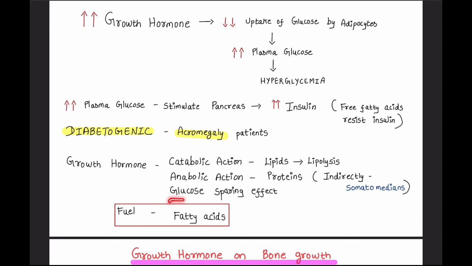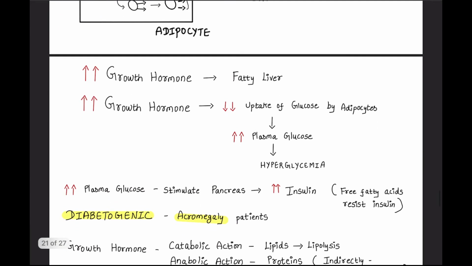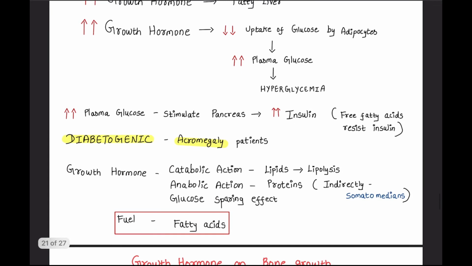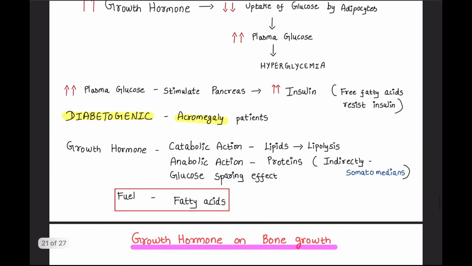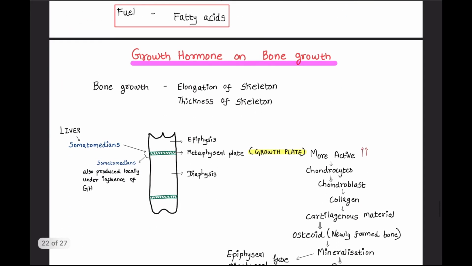Glucose sparing effect means the free fatty acids will be used as the fuel of the body, and the glucose is spared, and the protein is also not used for fuel. So glucose sparing effect and protein sparing effect. So during an increased level of growth hormone, higher than normal, the fatty acids are the main fuel for the body.